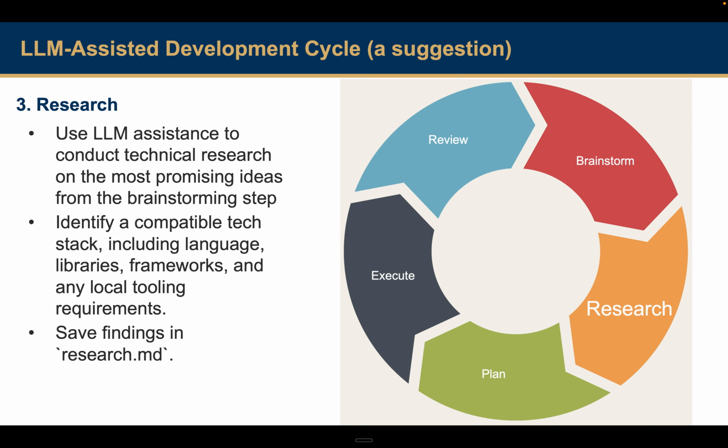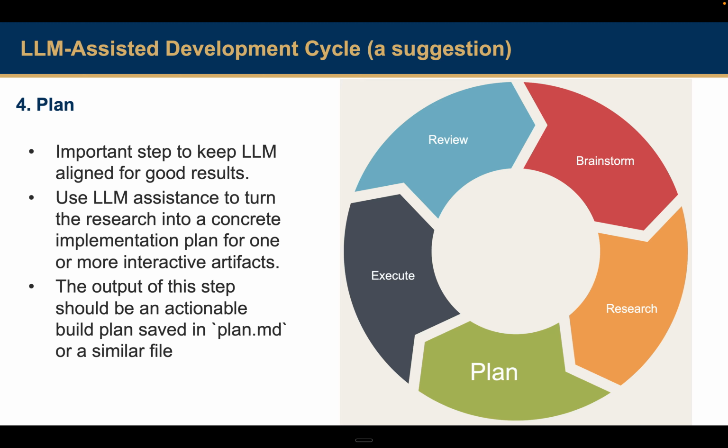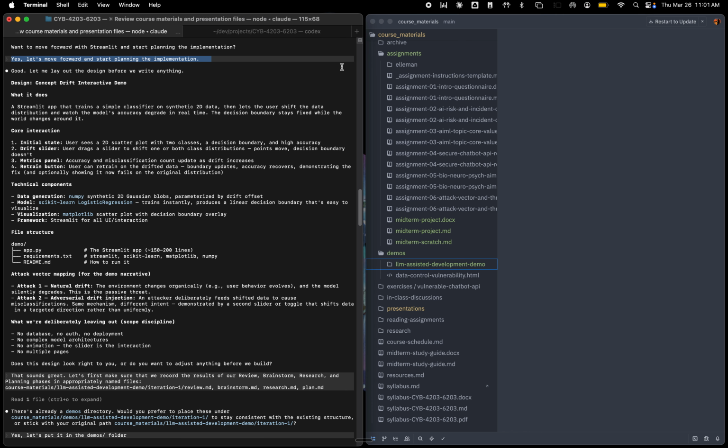In the research phase, I'm gathering resources about the tech stack, the language, like the actual implementation of whatever we might do. And now that we've gone through those phases very quickly here, it's time to plan. So we know what we're going to be demonstrating. We know what tech stack we're going to be using. Now it's time to make a plan.